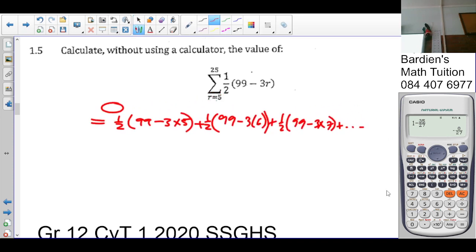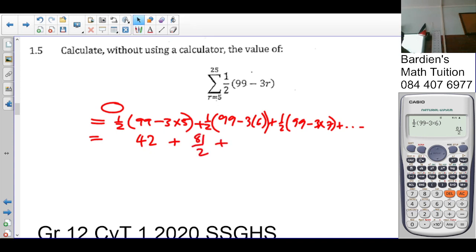So I'm just going to simplify this a bit. So that's going to be half into 99 minus 3 times 5, which gives you 42. Plus, now what changes is that number, it becomes 6 now, 81 over 2, plus the next one, it's going to be 7, it's going to be 39.